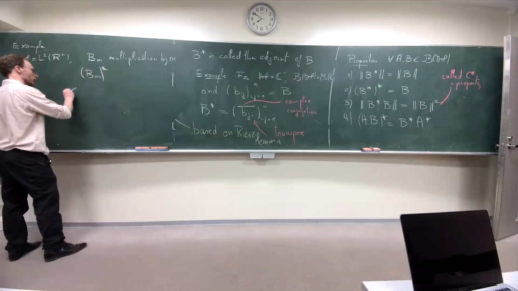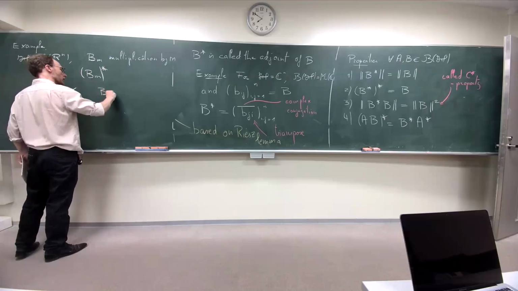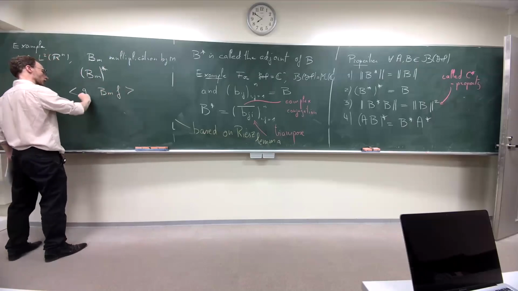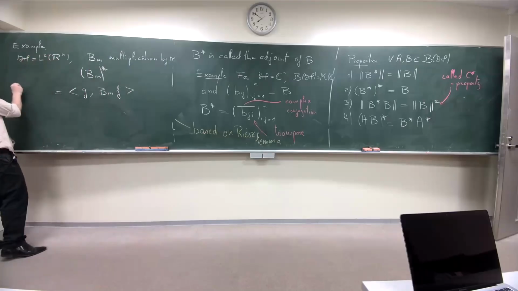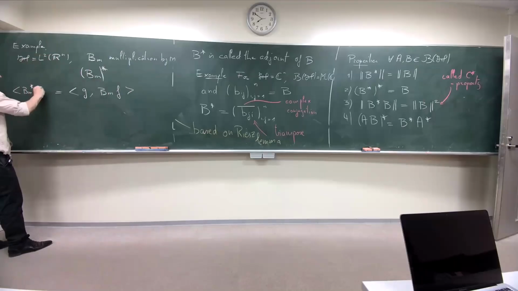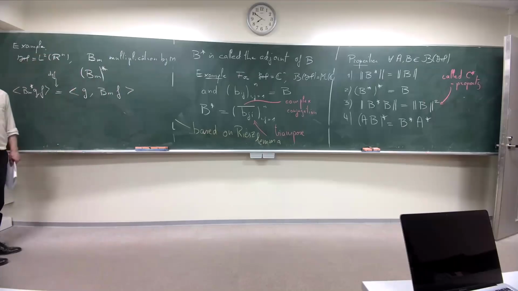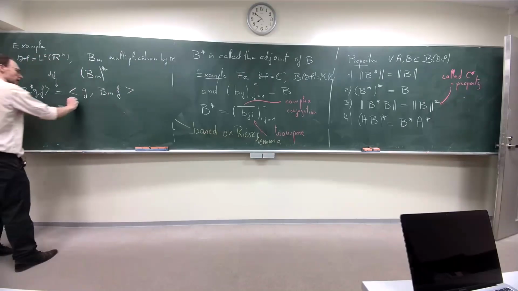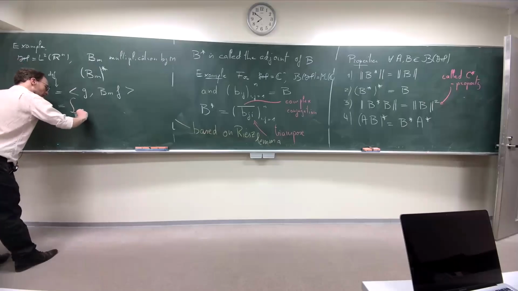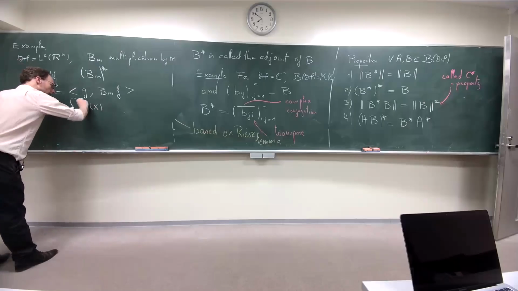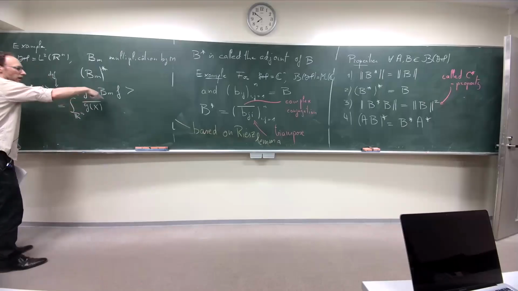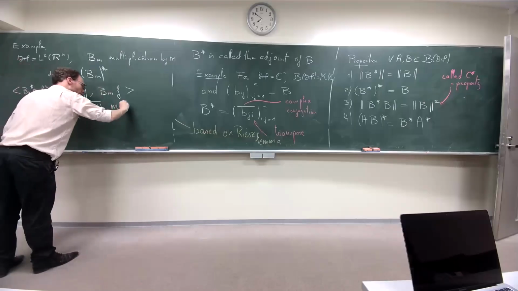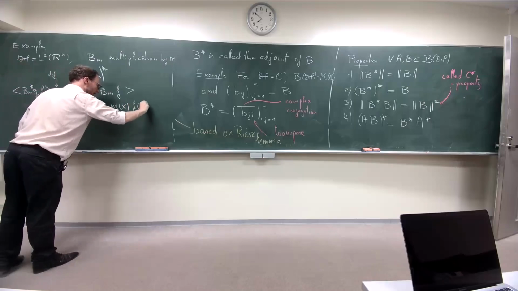So what you have to compute is the scalar product of B_M f with g. By definition, this is the scalar product of f with B_M adjoint g. Yes, this is by definition of the adjoint. Now, what is the scalar product? This is the integral on Rn of g of x complex conjugate, times M of x, f of x.